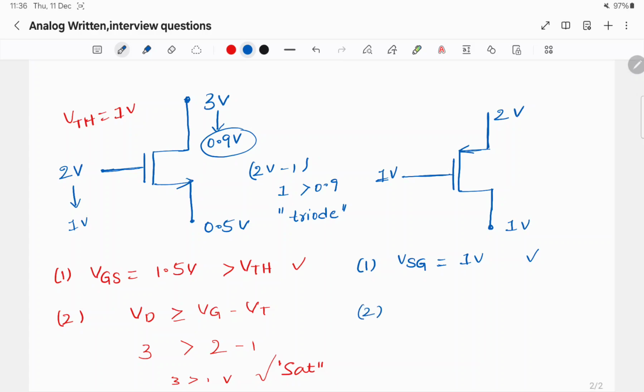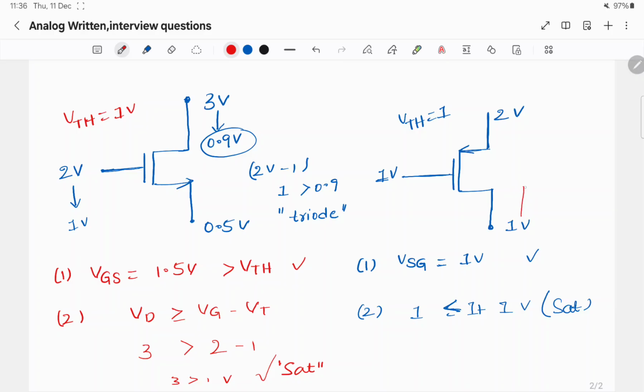For the second condition, VD is 1 volt and VG is at 1 volt. Let us say VTH is 1 volt. So VG plus VT is 2 volts, 1 plus 1, and VD is less than this. So this will be in saturation region.